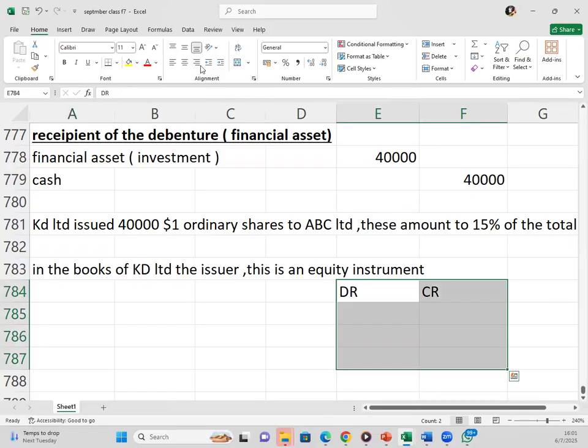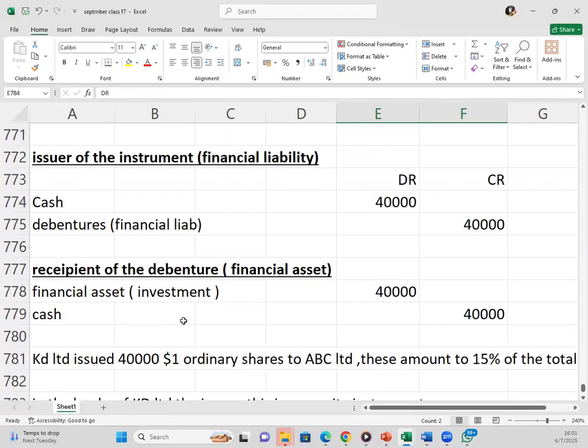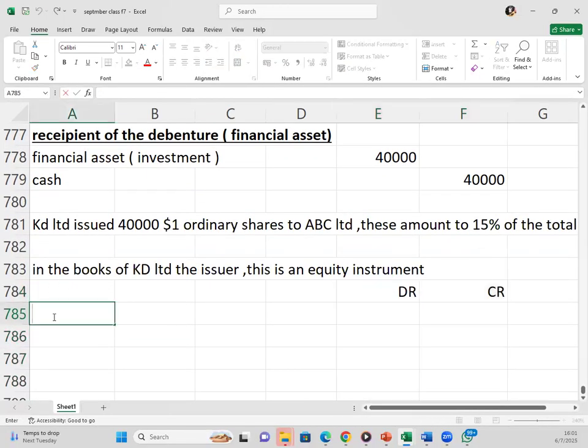But maybe I've just added the terms. Like here, I've just added financial liability. But you know, if we issue a debenture, the money is going to come with debit cash. We credit debentures, which is a financial liability. Then, if we issue shares, we are going to debit the cash, confirming that we received the cash or bank.